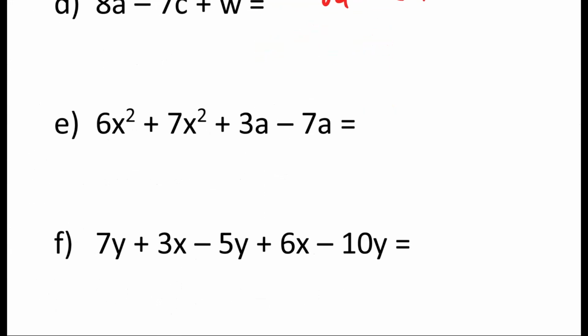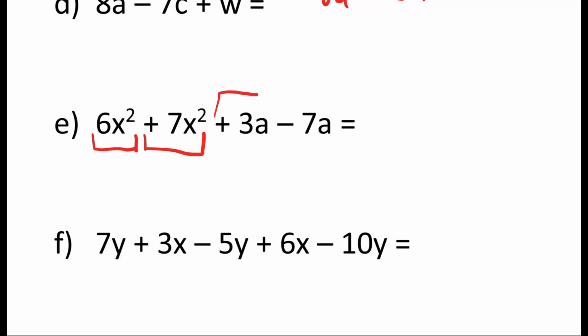For E, we have 6x squared plus 7x squared plus 3a subtract 7a. So we have variables of x with an exponent of 2 on it. So this one here and this one here, we're going to be able to combine.